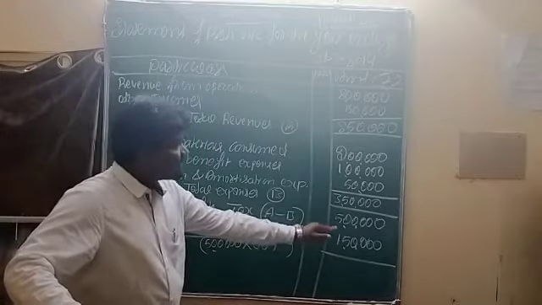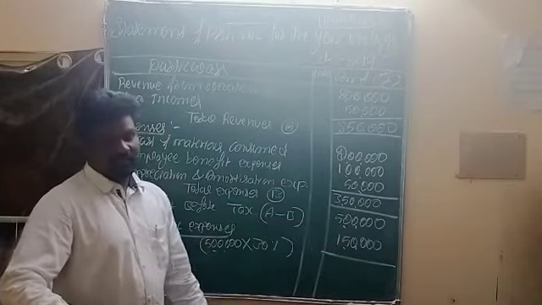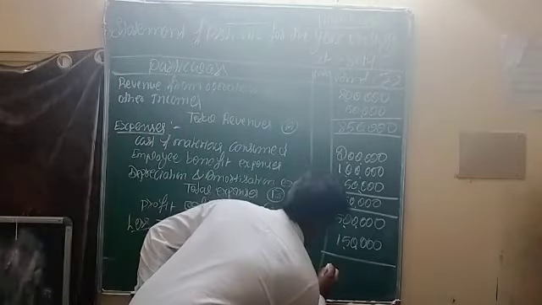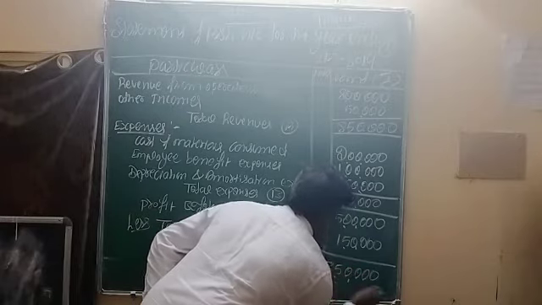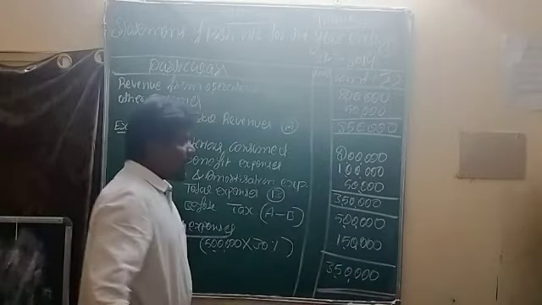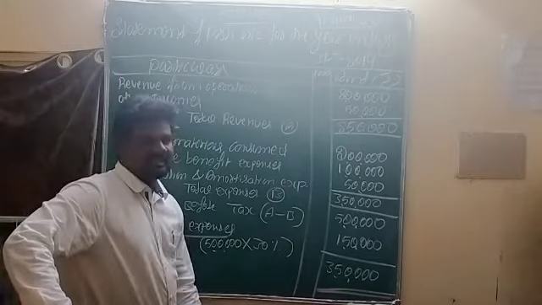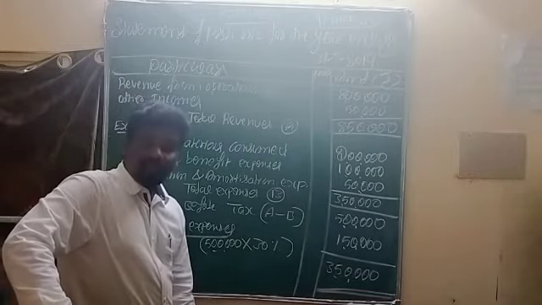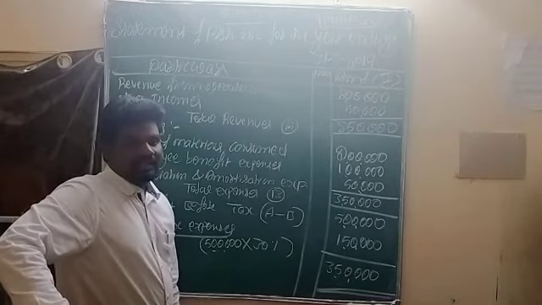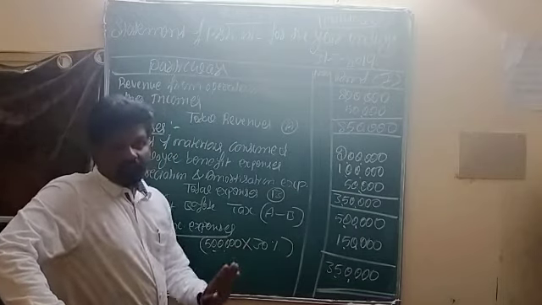So 5 lakhs minus 1,50,000, the remaining balance is 3,50,000. After clearing all the taxes as well as expenses in the business, the final balance we consider as the profit after tax.